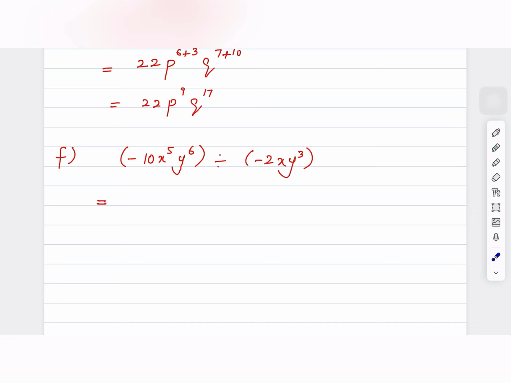When you divide minus 10 by minus 2, your answer is positive 5, because you can cancel negative sign by negative sign. So I'm going to write 5 x power 5 minus 1 and y power 6 minus 3. So your final answer is 5x power 4 y power 3.